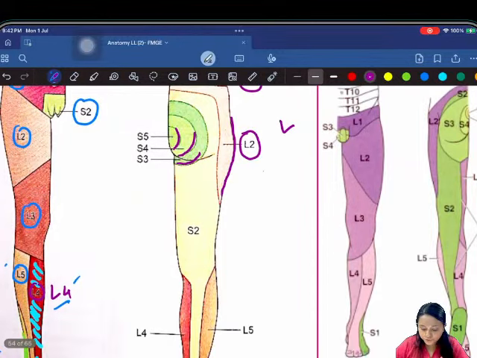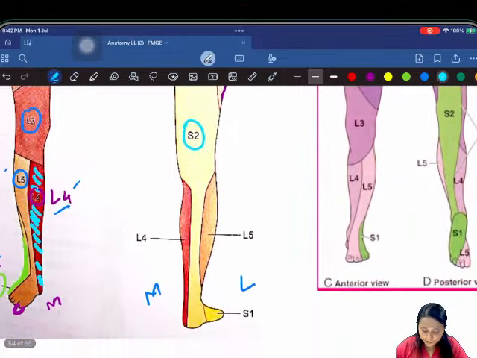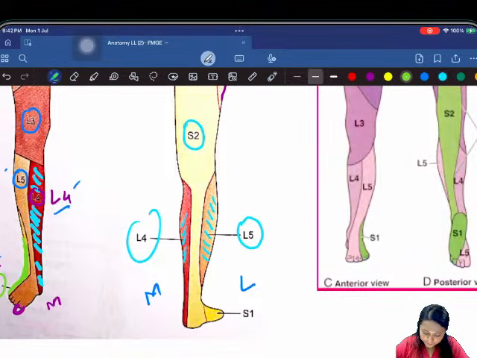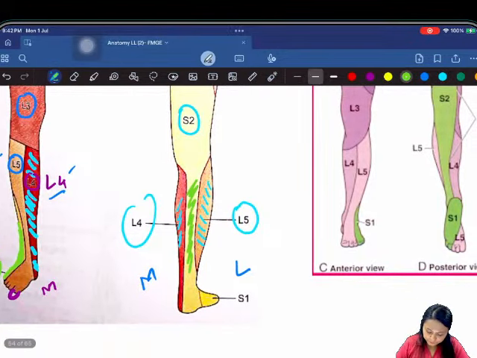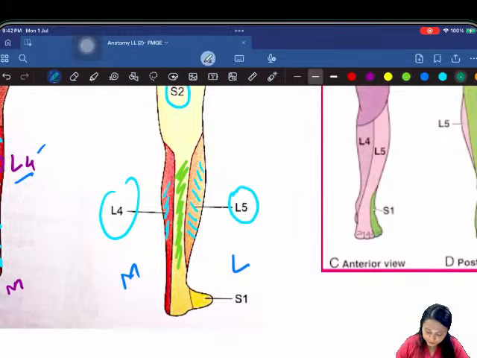Most of the posterior aspect, means back of the thigh, is S2. लेग में अगर आओगे it is same, the medial part is L4, ये थोड़ा अलग है, the lateral most part, all the lateral most part is the L5 और बाकी सब होगा S2, the most lateral one will be the S1.